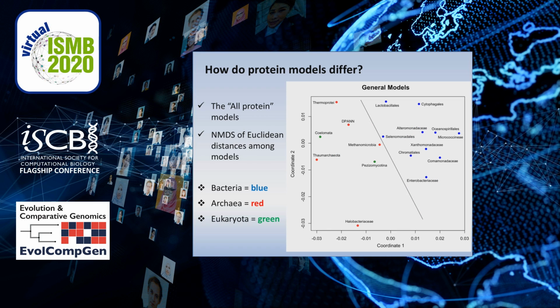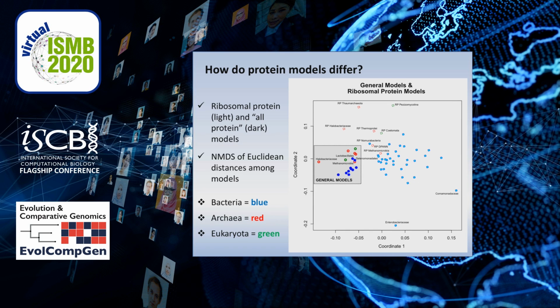We see something similar if instead of using clustering, we use non-metric multidimensional scaling. We can differentiate between groups of models. Let's put everything together, ribosomal models and the all-protein models, and you see clear differentiation.